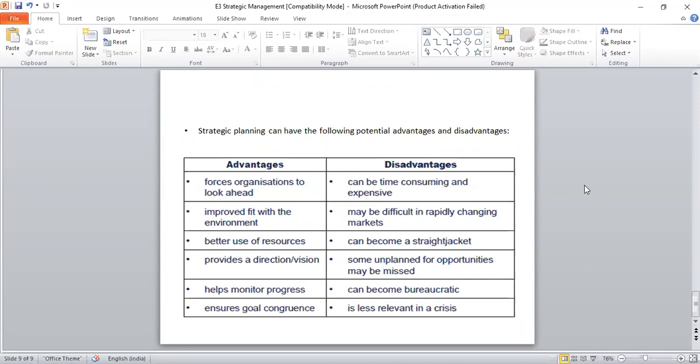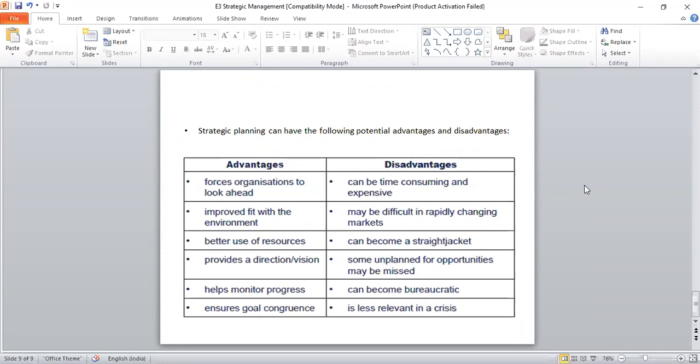So even after they are divided into subunits, if they work towards the achievement of the organization objective, then it is called goal congruence. So everybody is working towards achievement of the same goal.